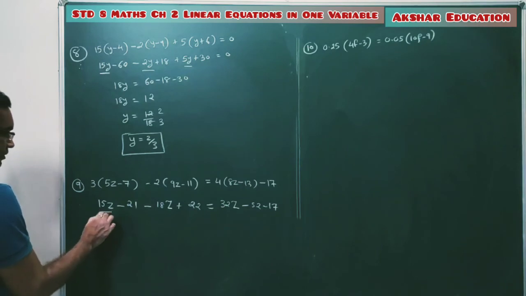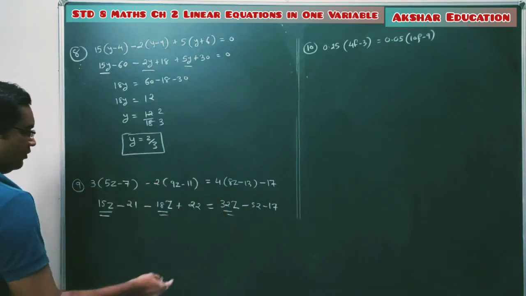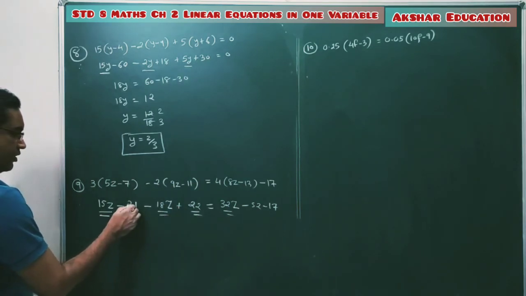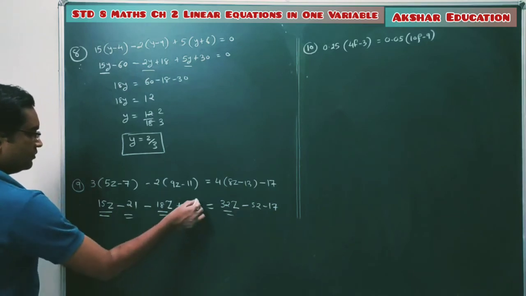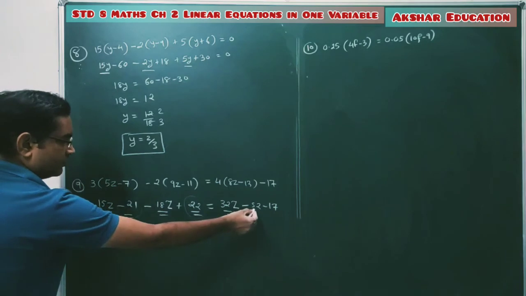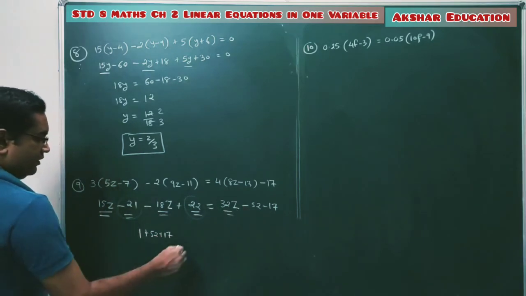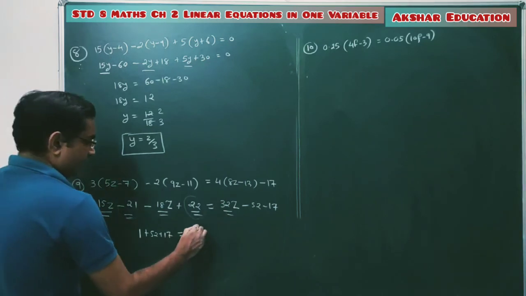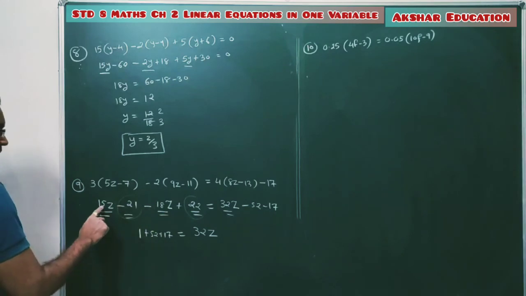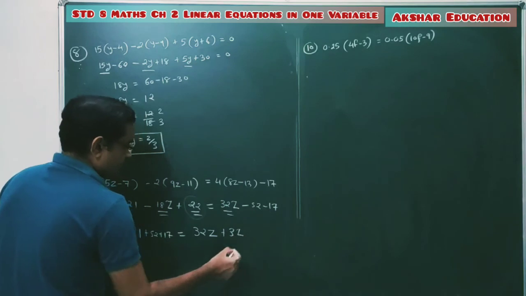So keeping all the terms with variable on the right hand side and taking all the constant terms on the left hand side. So it is minus 21 plus 22, so it's 1, and this one plus 52 plus 17, and that is equal to 32z minus 15z, or we can say 15 minus 18, minus 3, it will be plus 3z.